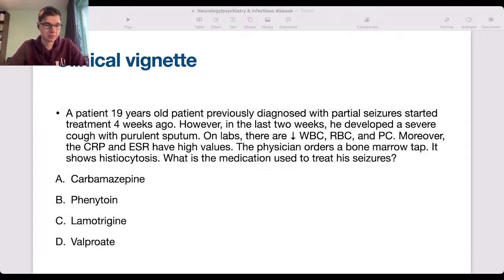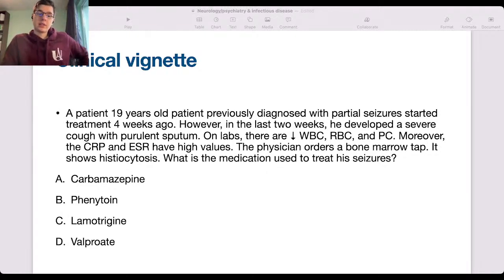Do we have other answers? So we have agranulocytosis caused by carbamazepine.